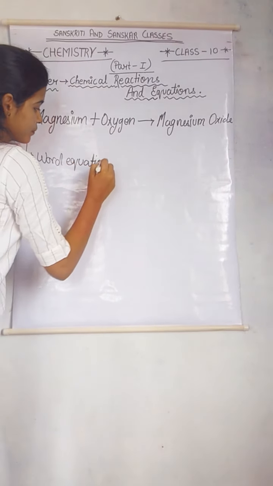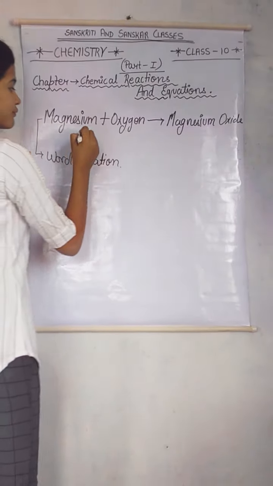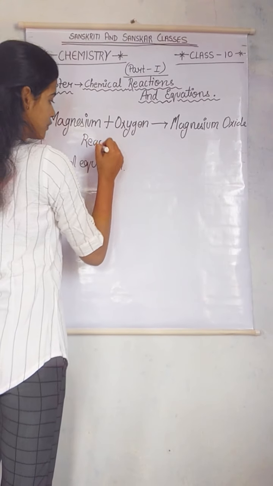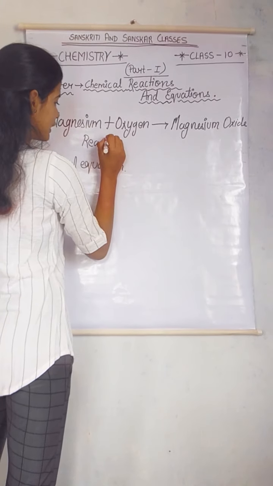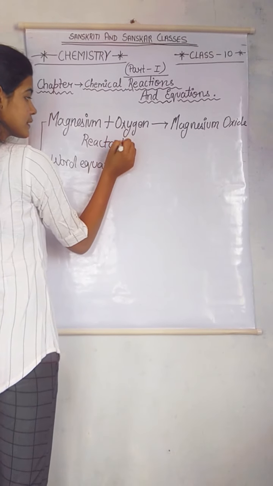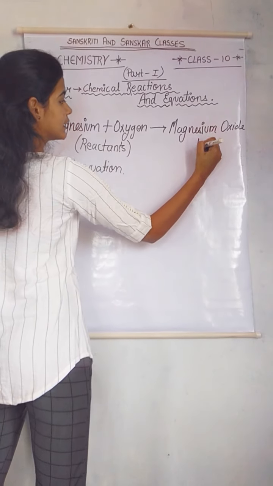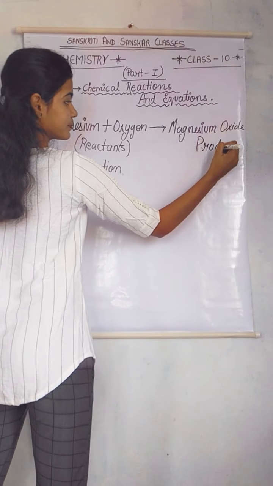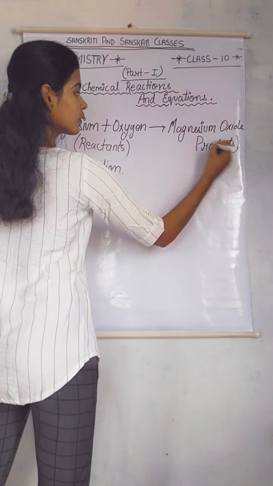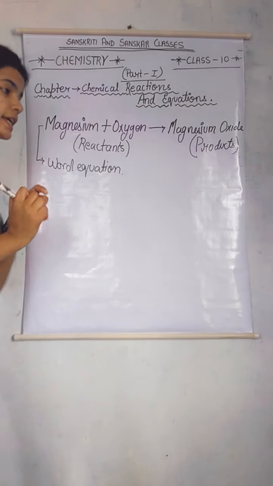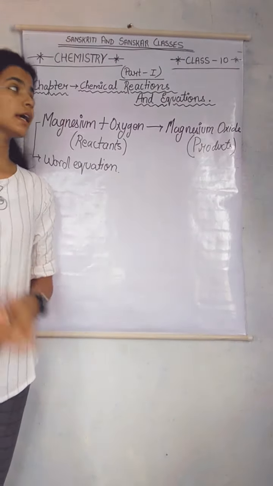A word equation consists of reactants and products. Whenever we write an equation, there are two basic things: reactants and products. Now what is a reactant and what is a product?